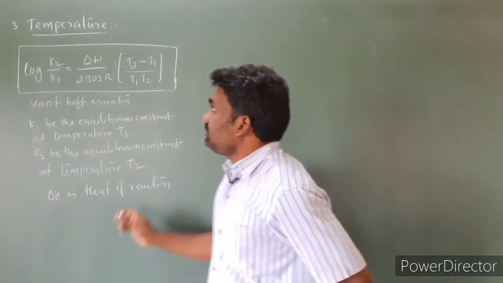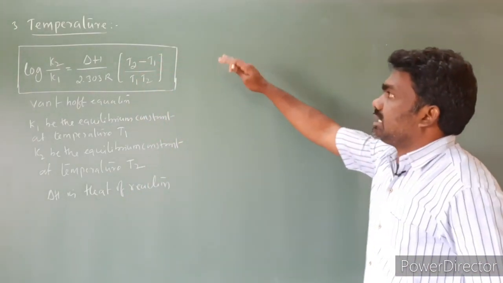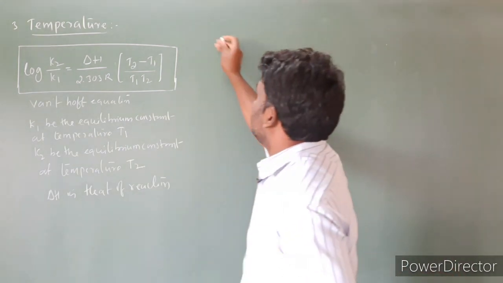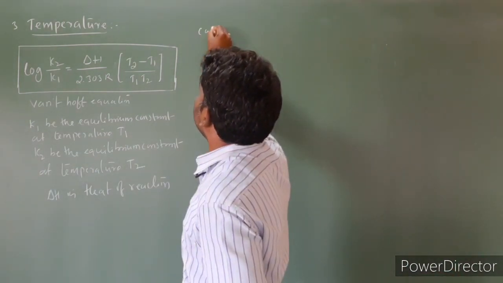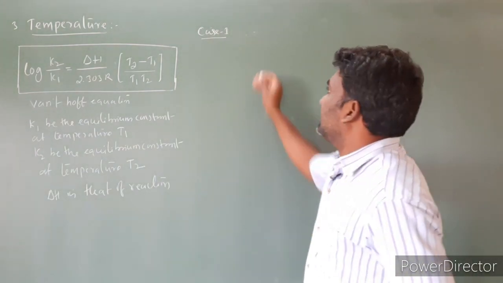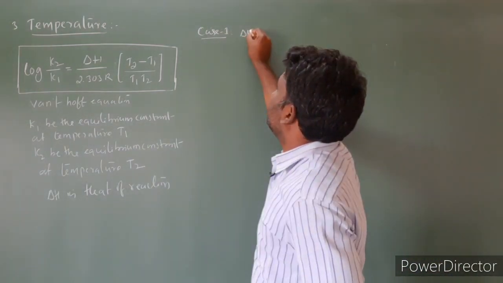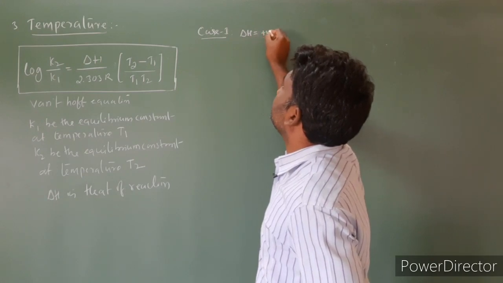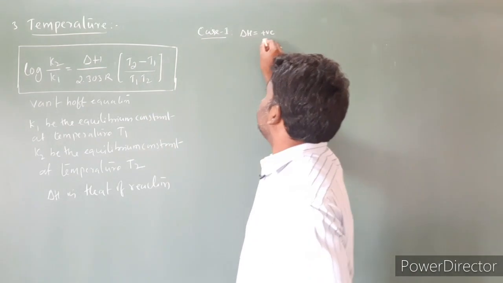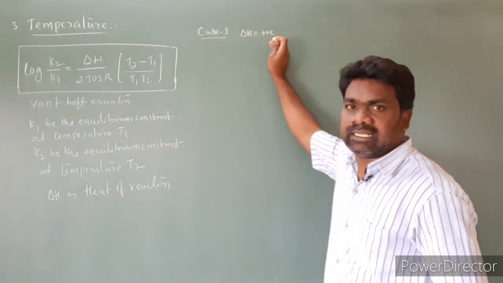Next, let us understand the effect of temperature on the equilibrium constant in three cases. In the first case, case 1, I am taking delta H is equal to positive. Delta H is positive in the sense heat is absorbed.